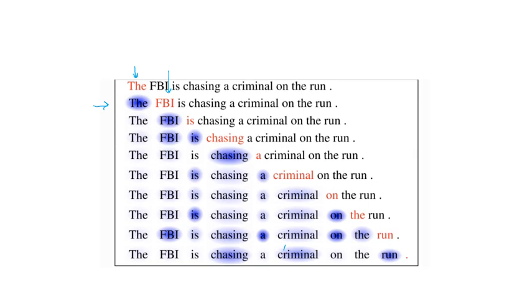So say, for example, you're reading is. In the sentence, the FBI is chasing a criminal on the run. So you have read these two words, the FBI is. When you say is, your memory focus on FBI, right?